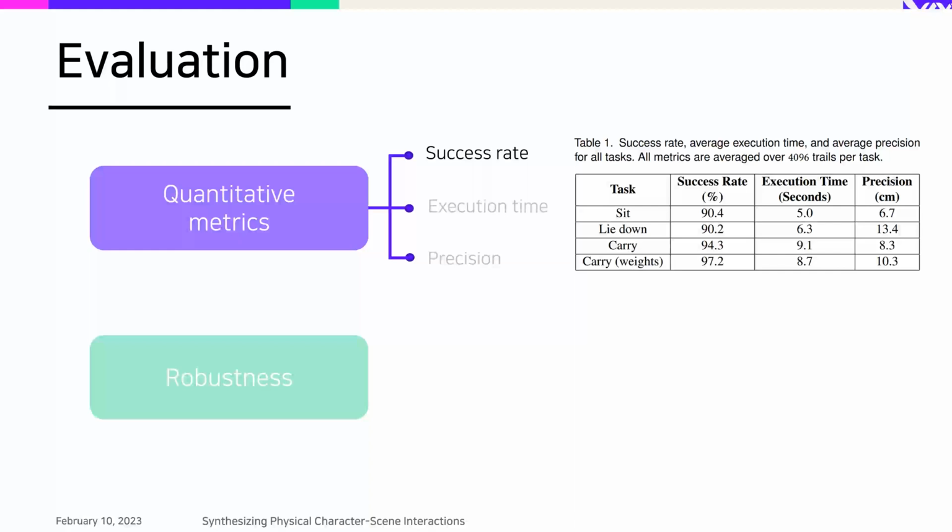For me, it was also the first time I saw this metric. In the paper, they said that the success rate is measured for the sitting task. They consider sitting to be successful if the character's hip is within 20 centimeters from the target location.